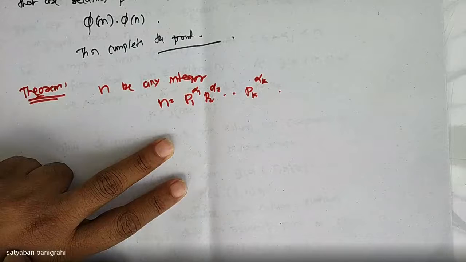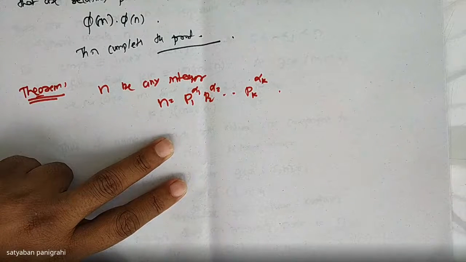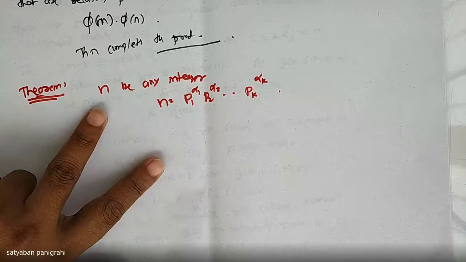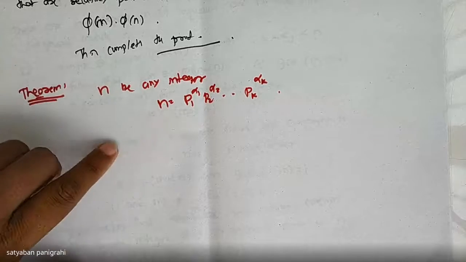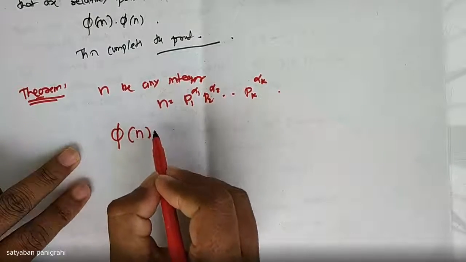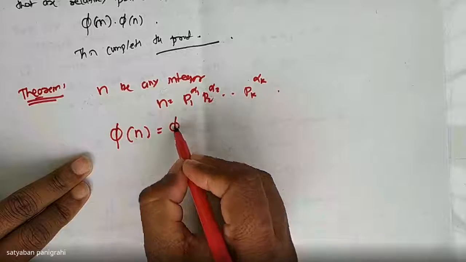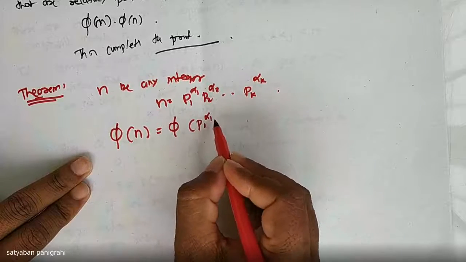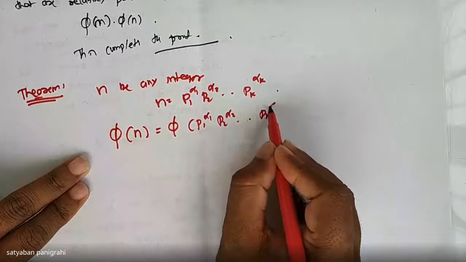Any number has a prime factorization p1 alpha 1, p2 alpha 2, pk alpha k. Now for that we have the general formula. What will the formula for phi of n be? Just apply this: phi of p1 alpha 1, p2 alpha 2 up to pk alpha k.